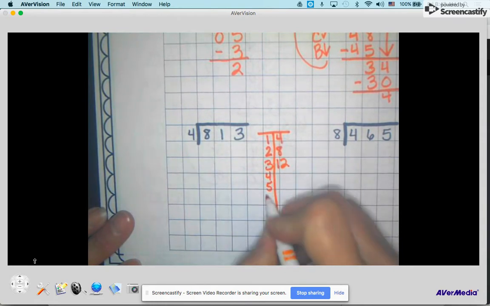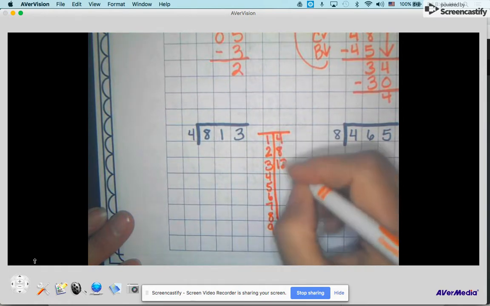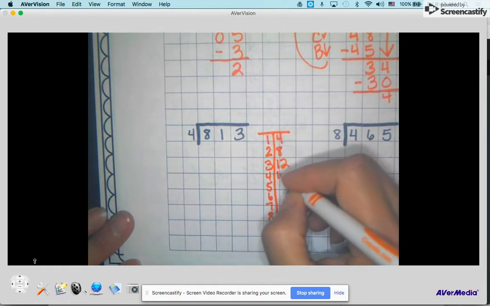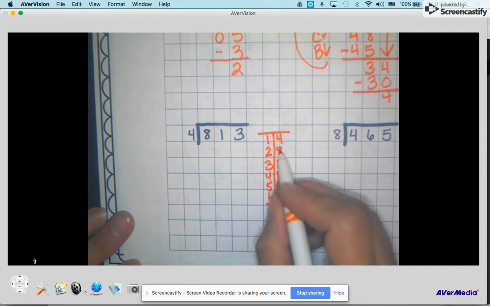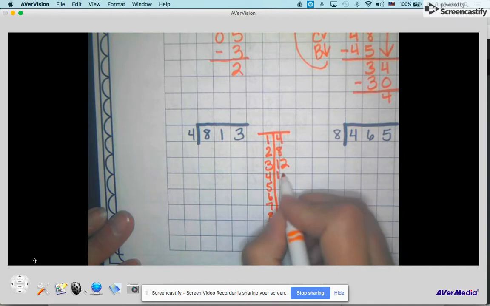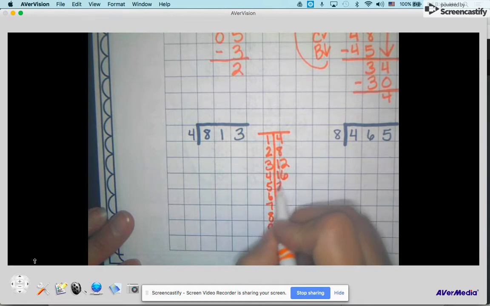Or if you remember the little song for your multiplication facts, you can sing your little song and write the numbers down here. 4 is just double of 2, so 2 plus 2 makes 4, so you can do 8 plus 8, which is 16. 5, you get 5 from doing 2 plus 3, so you can do 8 plus 12 is 20.